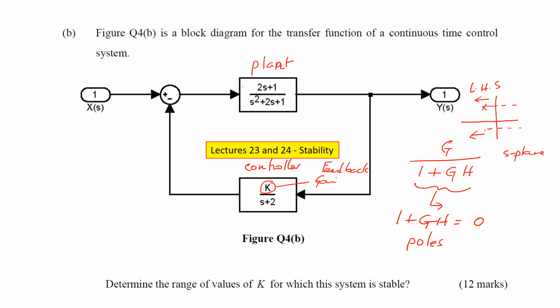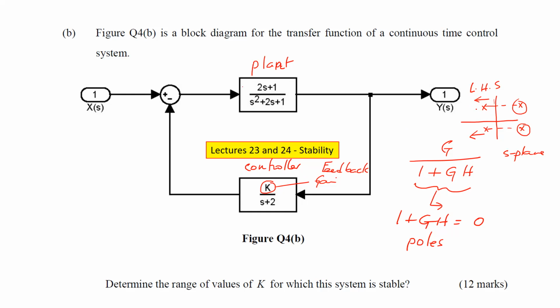So it may be here, and then all of a sudden, depending on the value of K, the poles land up on the right-hand side, and the system becomes unstable. So the issue in controls is what is the range of values for K before this happens?